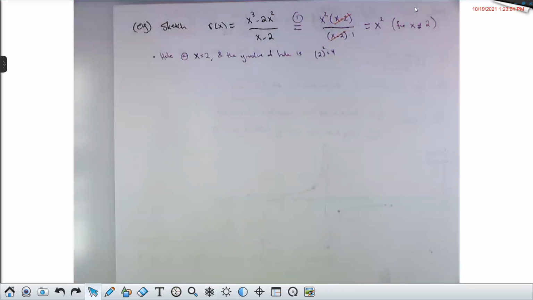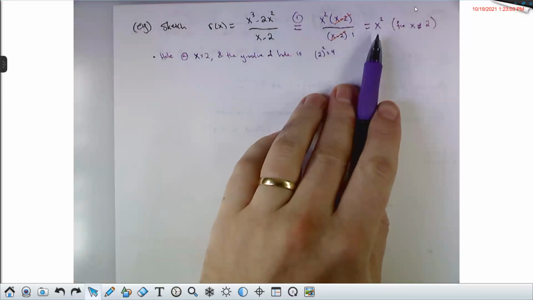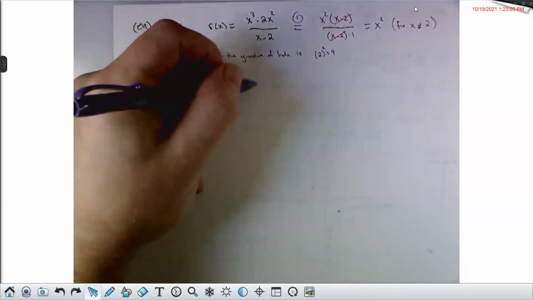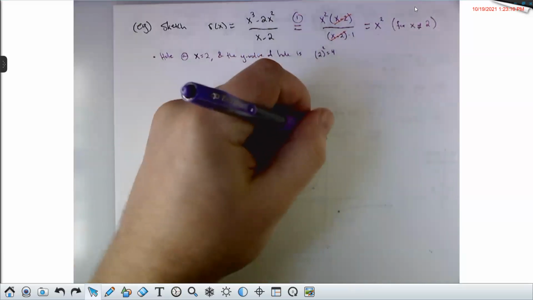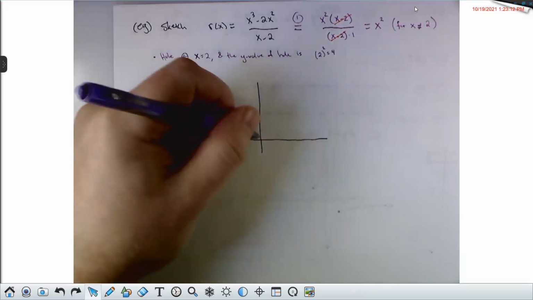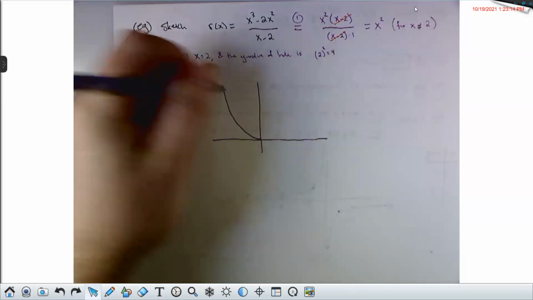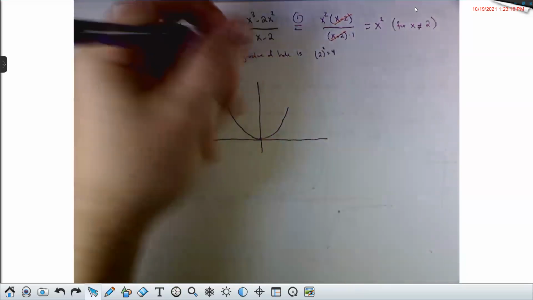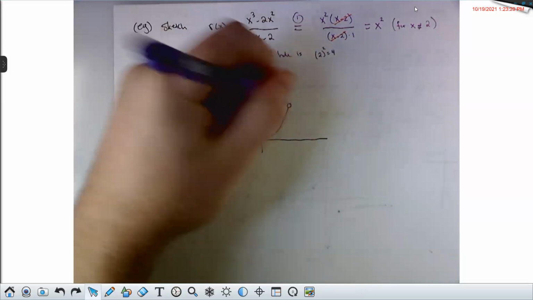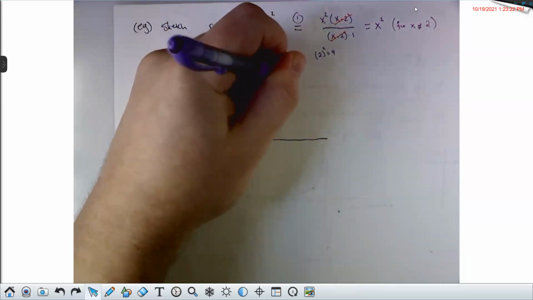All right, now x squared doesn't have any asymptotes or anything weird, so we can just draw the graph. I know what x squared looks like. You know what x squared looks like. We all know what x squared looks like. It's this parabola we've been working with all semester long. The only thing is, it's got a hole at x equals 2.